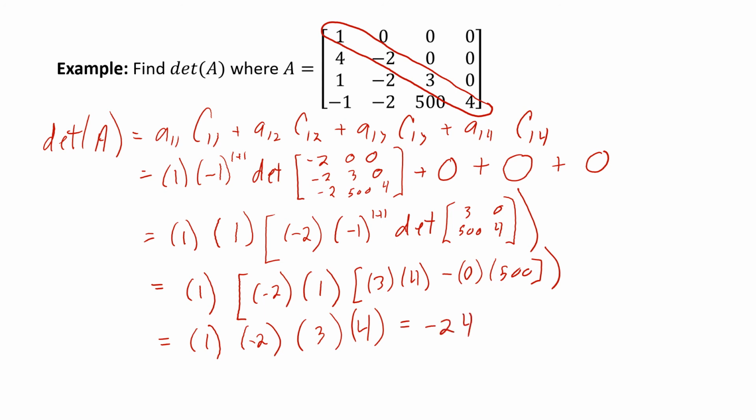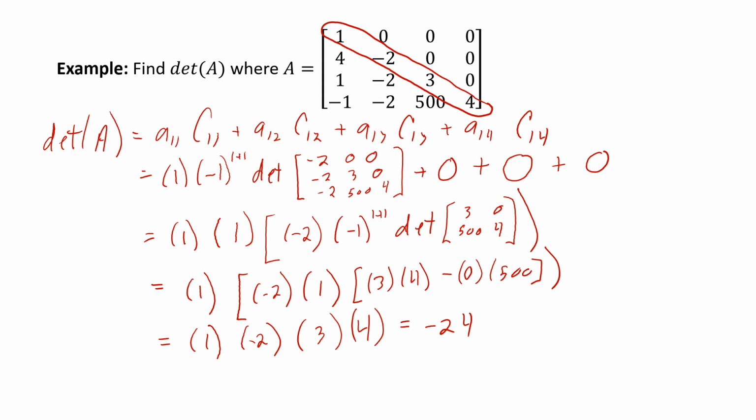But the key point here is when you want to get the determinant of a triangular matrix, whether it's lower triangular or upper triangular, it's actually just equal to the product of everything along the diagonal. Everything else becomes zeros. Everything else disappears.